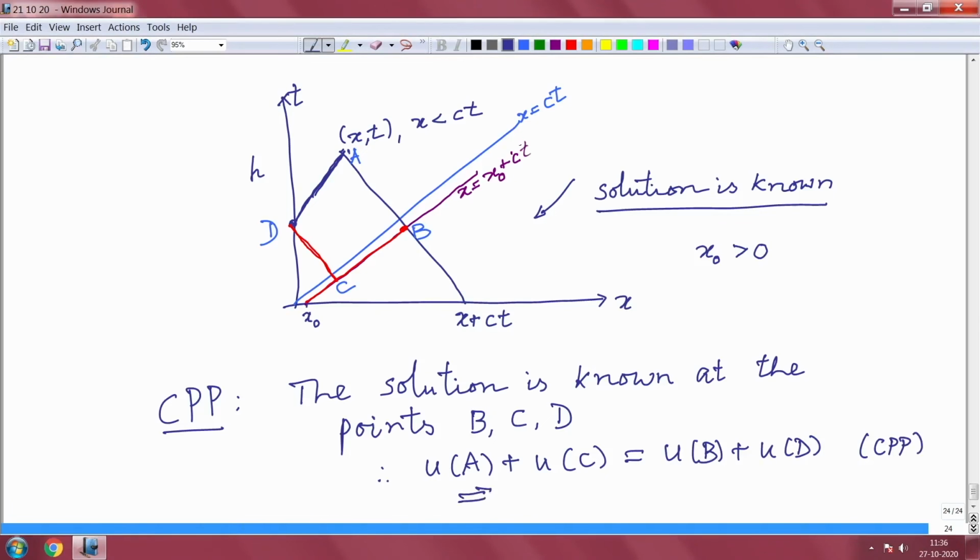That implies U of A is equal to U of B plus U of D minus U of C. So, we have to find out what is U of B and what is U of D. U of D is very easy, that is the boundary data, and U of C we have to find. This will continue in the next class.